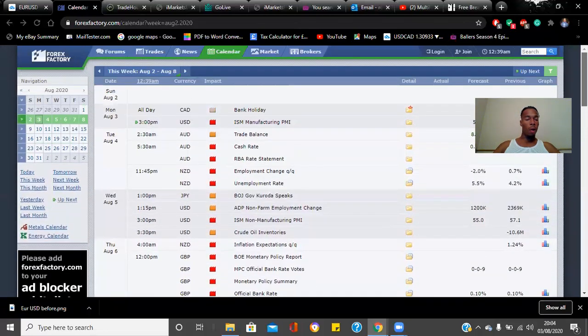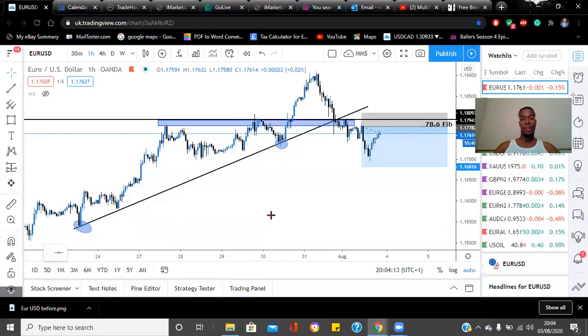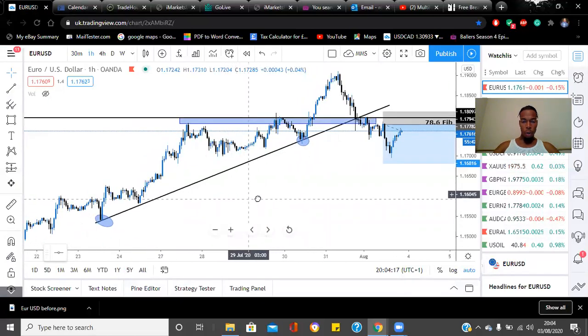So there are opportunities, but you must stick to your strategy and have a stop loss, because if news happens and it goes the other way and there's no stop loss, you could blow your account, and no one wants to blow their account. So we'll look at EURUSD first.